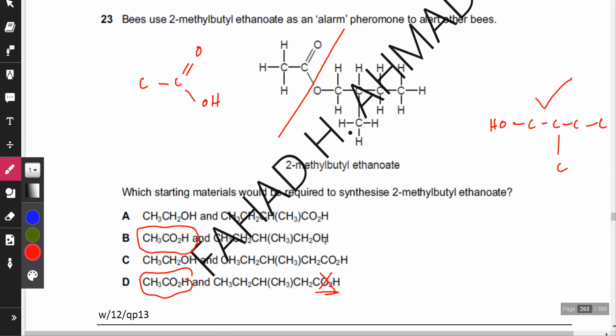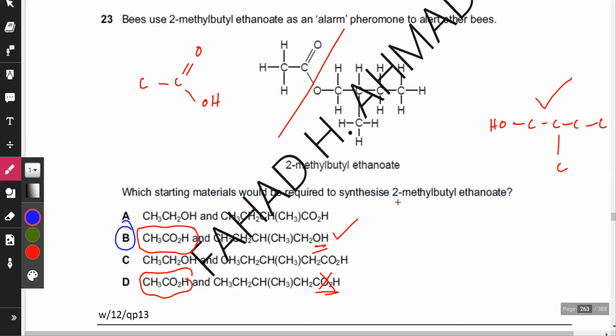You want a carboxylic acid, the other side should be an alcohol. So you don't even have to look. This would be the right option. One side would be ethanoic acid. That's given over here, ethanoic acid. The other side would be an alcohol. So I don't even have to draw the structure because there's only one option over here for an alcohol, so it's going to be B.